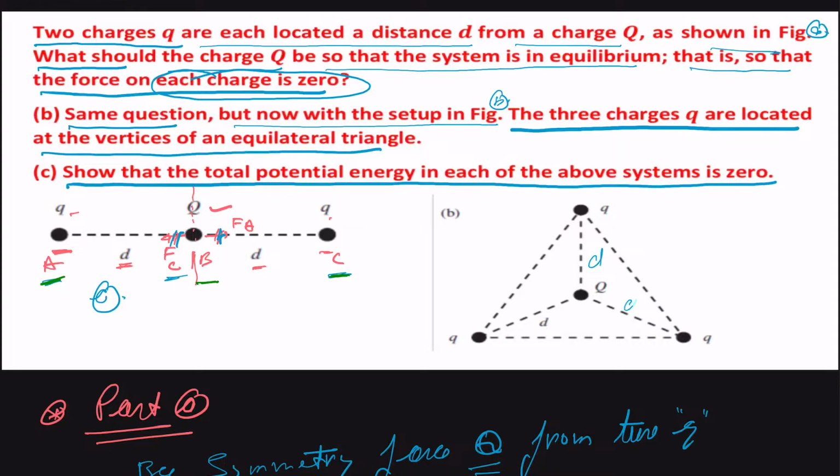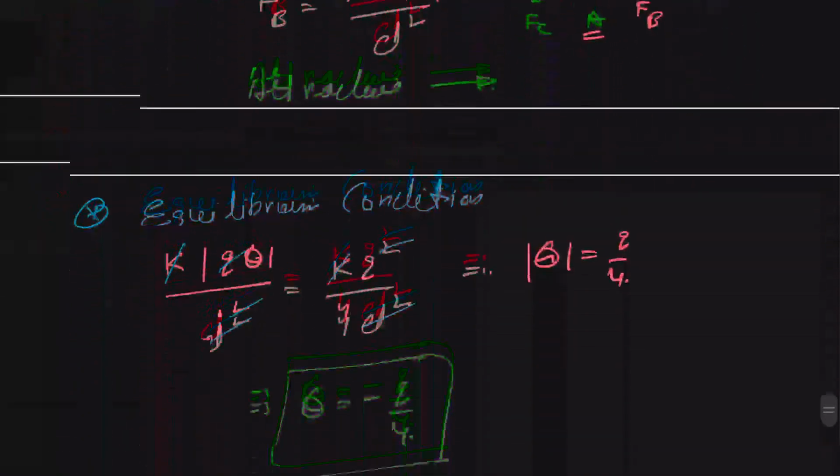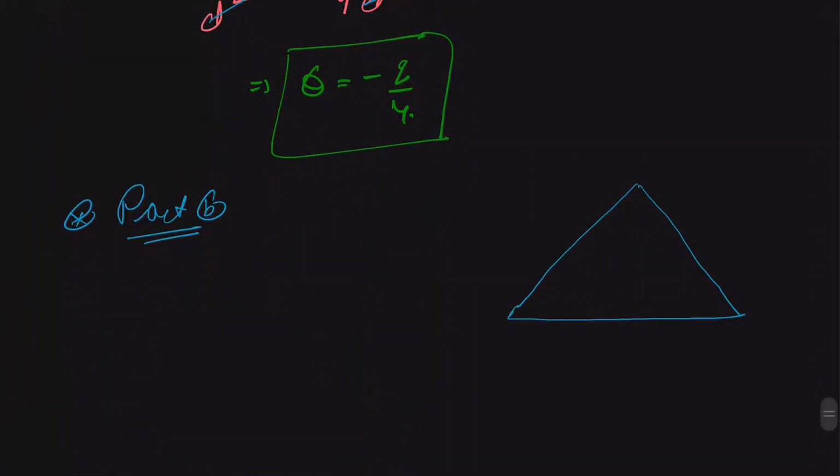So these distances are d. And this is our Q, Q and Q, and this is our capital Q. And the distance is our d.